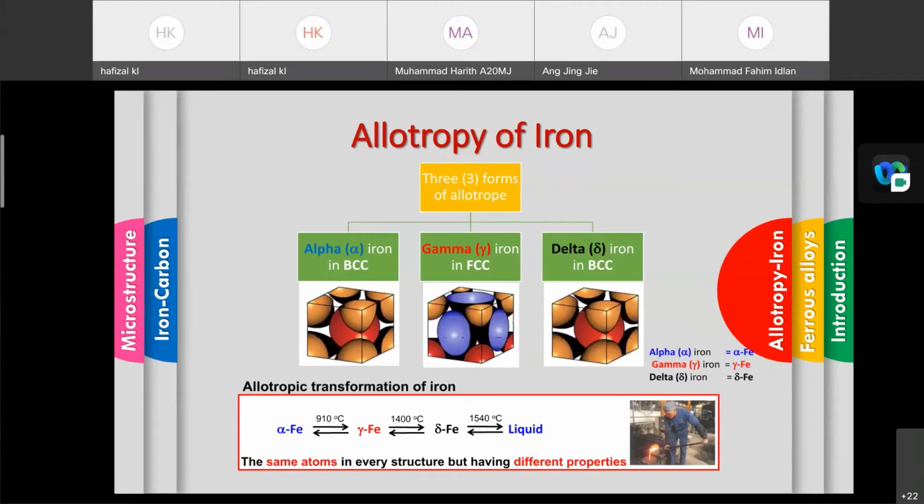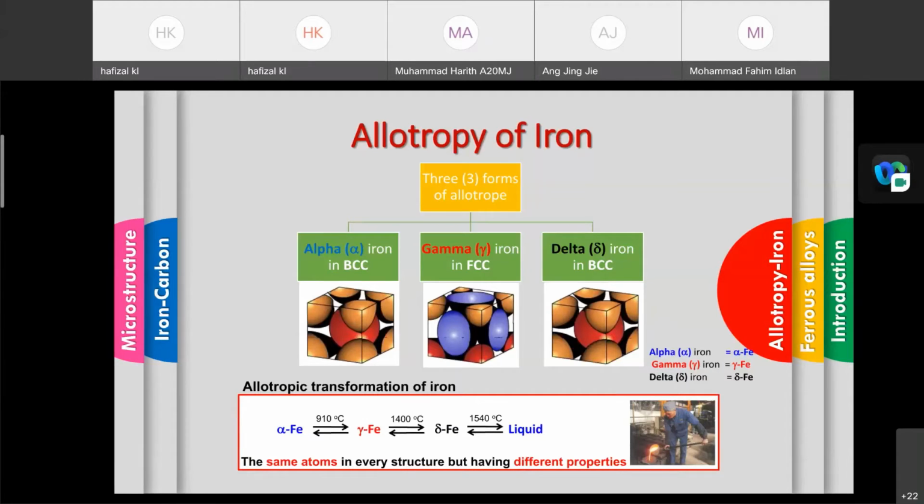During the solidification at a certain stage of temperature, it will take on a different atomic arrangement, which we call the allotropes of alpha iron, gamma iron, delta iron.